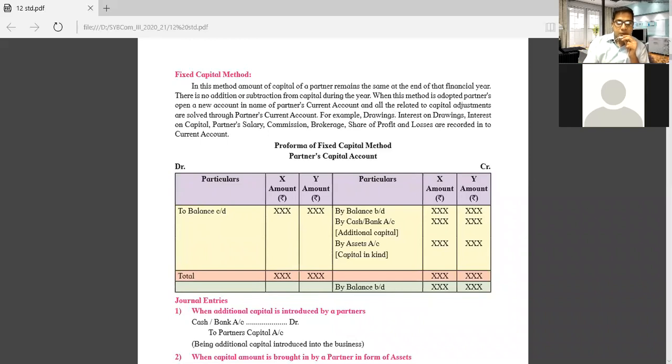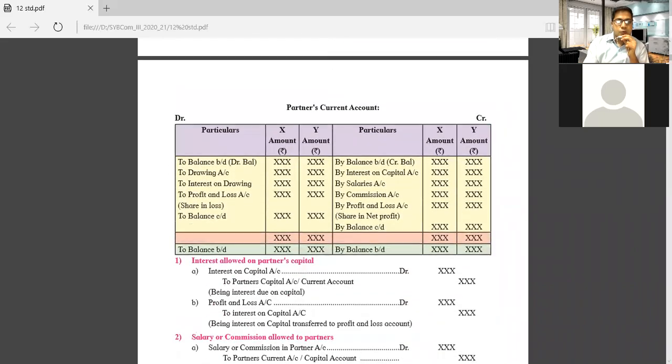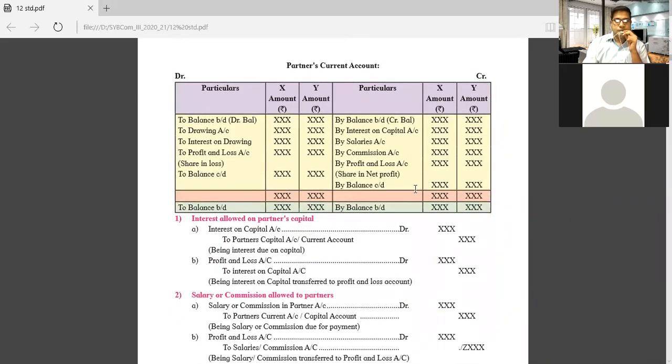Whenever they prepare this current account, it looks like this. Under the fixed capital method, partners' current account: partner X, partner Y on the debit side, and partner X, partner Y on the credit side. Interest on capital, salary to the partner, commission to the partner, and share of net profit of the partner are recorded.